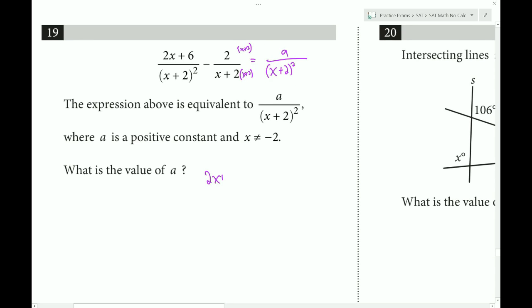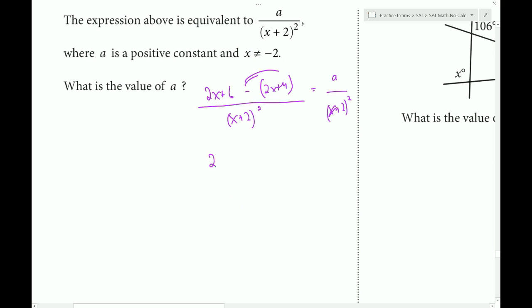So anyway, 2x plus 6, and then this is going to become 2x plus 4, except for this minus that's out in front. Okay. The minus is going to have to distribute, right?